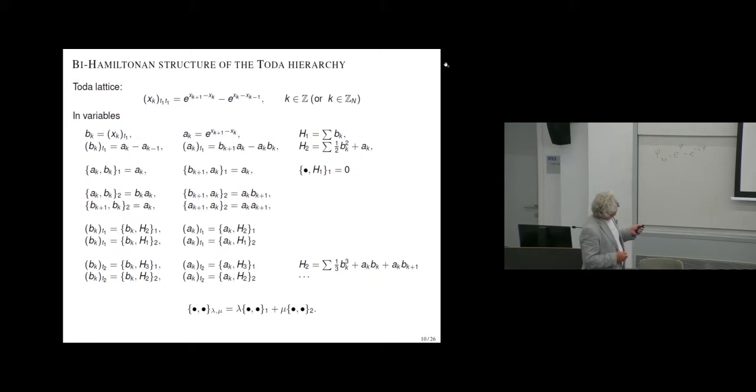So we have the Toda lattice. Usually people introduce these variables, I think after Flaschka introduced the A and B variables. The classical Toda lattice was integrated by Flaschka and Manakov independently long ago. It was the presentation of Manakov actually, and I remember that time.